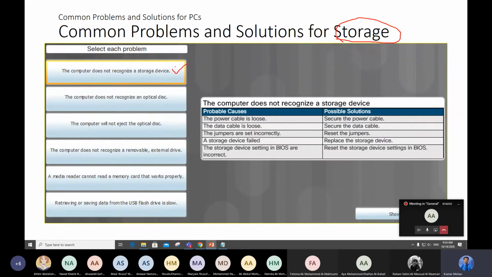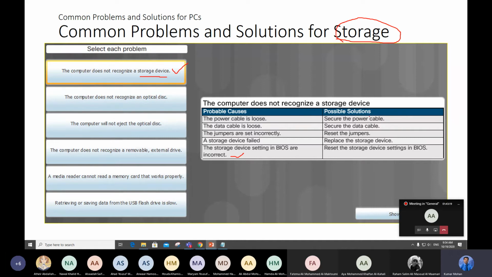That means the computer is not recognizing, your hard disk is not visible. What is the cause for that? The power cable is loose, or the data cable is loose, or the jumpers are set incorrectly, or the storage device has failed, or the BIOS setting is incorrect. These are the possible reasons for this.